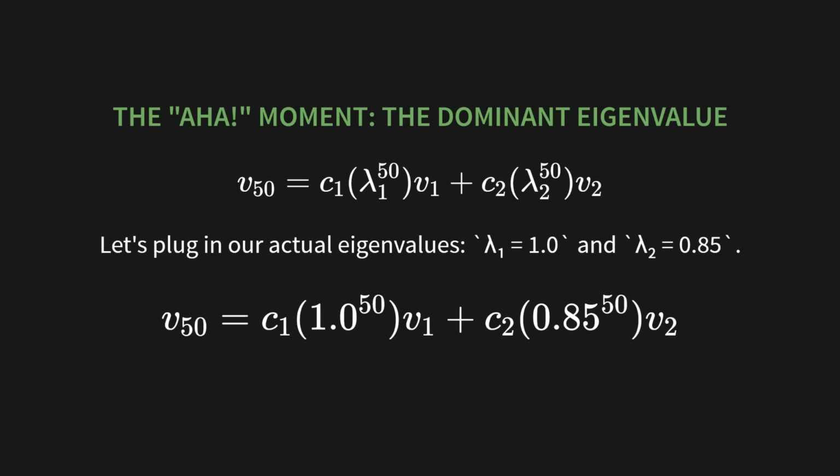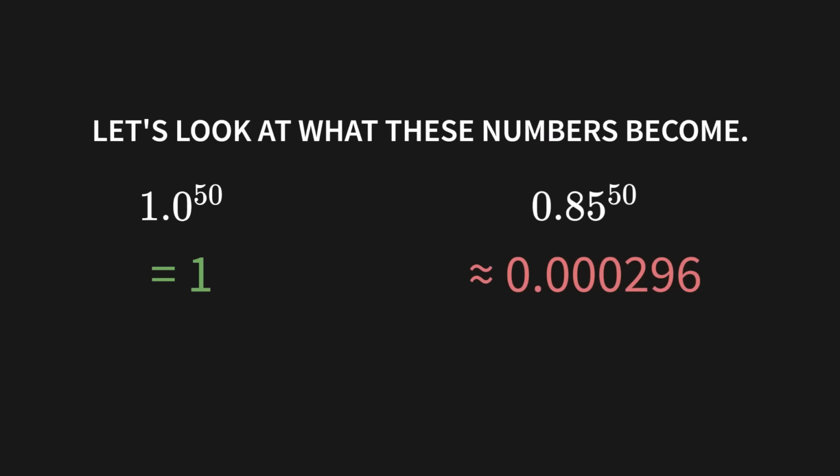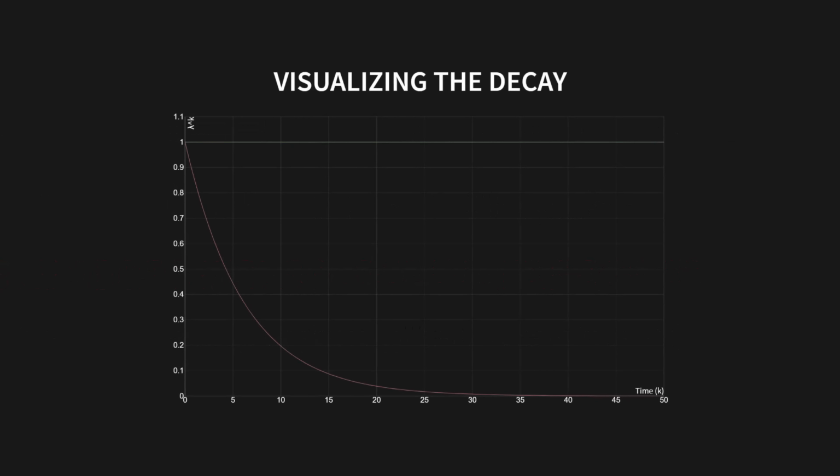So the equation becomes v sub 50 equals c1 times 1.0 to the 50th power v1, plus c2 times 0.85 to the 50th v2. Let's look at what these numbers become. 1.0 to the 50th power is, well, it's just 1. But what about 0.85 to the 50th power? It's approximately 0.000296.